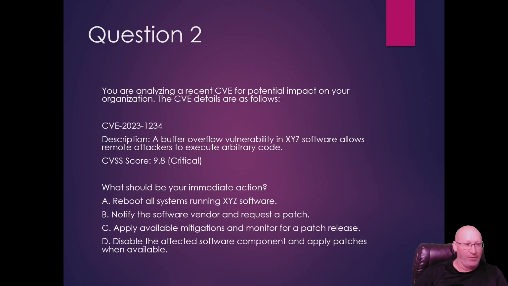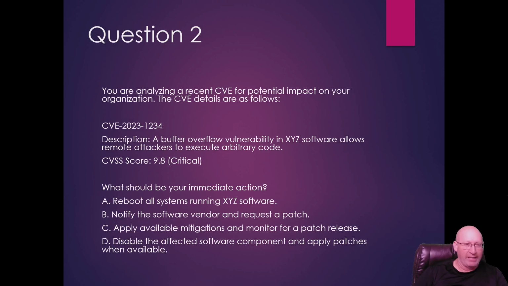If you're in cybersecurity, you know that yes, we are going to notify the software vendor, but we're going to apply mitigations first. We're very much going to apply mitigations and monitor for a patch. Chances are that the software vendor already knows that there's an issue. If they haven't already released a patch, and that's not one of our options, then we're going to apply mitigation.